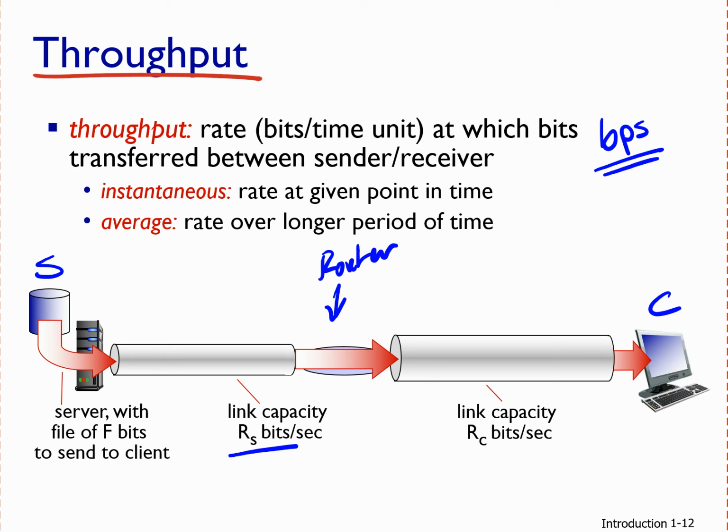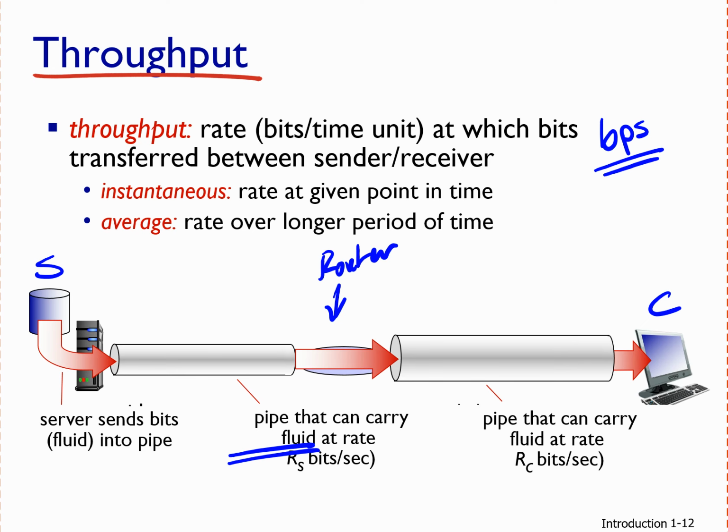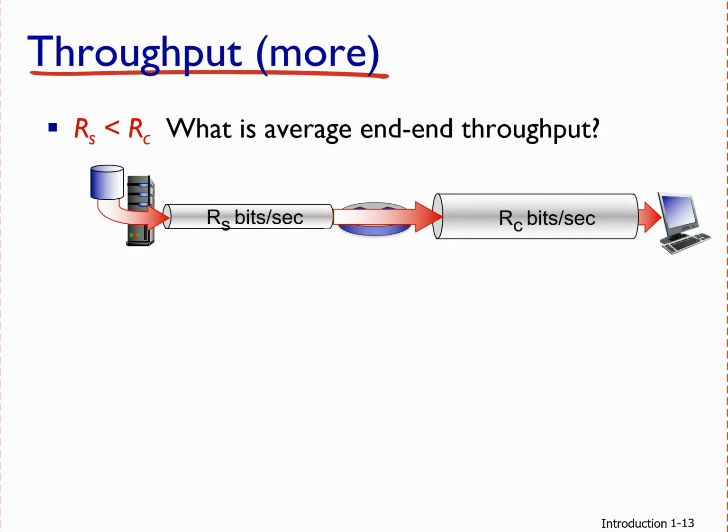This capacity is simply how many bits can be transmitted in a second on that link. Think of this as pumping fluid through pipes. This is how much fluid can go through this pipe, which is determined by the thickness of the pipe, and the same thing here. Let's go back and look at this in detail.